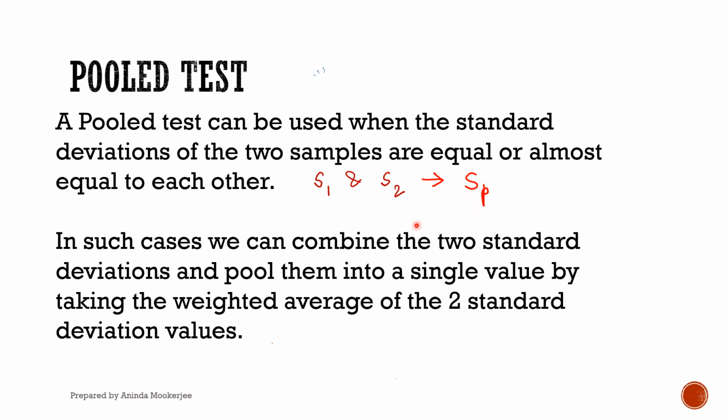So that's what the pool test is about. In the pool test, we are just combining the two sample standard deviations into one by taking their weighted average based on their respective sample sizes.